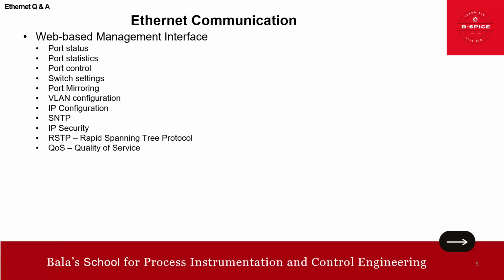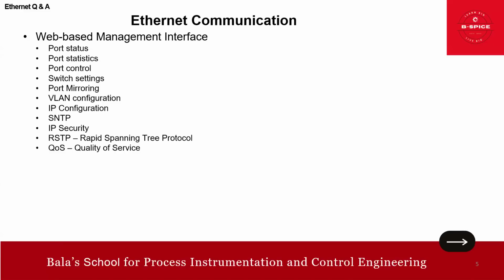Then we have QoS, that is quality of service. It's a set of techniques used in networking to manage and prioritize data traffic, ensuring the critical applications receive the necessary resources for optimal performance.